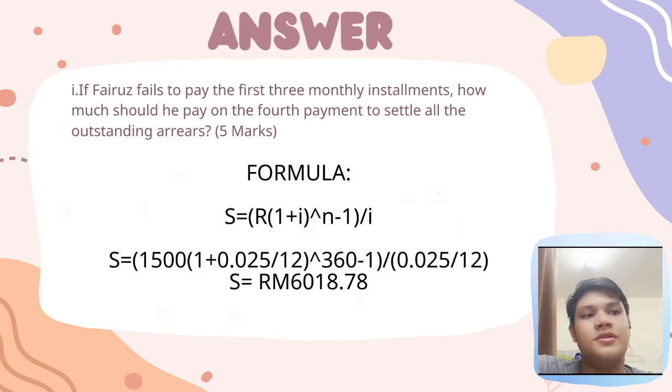For the formula, you should use S equals R bracket 1 plus I bracket N minus 1 bracket per I. So then we should find S. S equals 1,500 bracket 1 plus 0.025 per 12 bracket 4 minus 1 bracket per 0.025 per 12, and for the last answer, S will be RM 6,018.78.